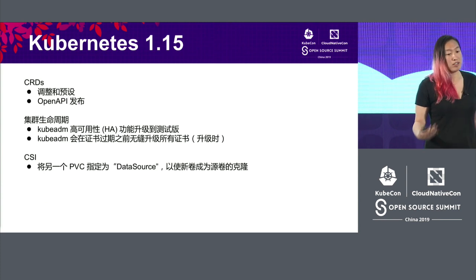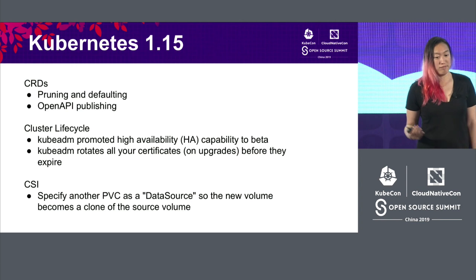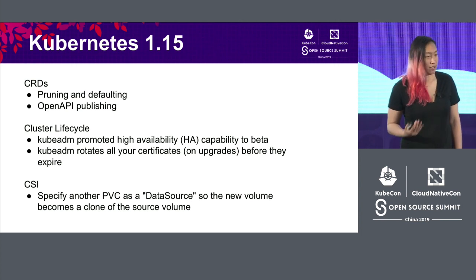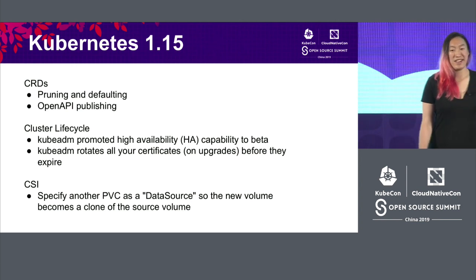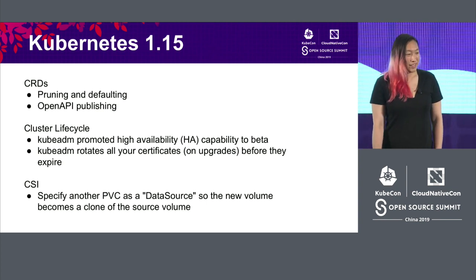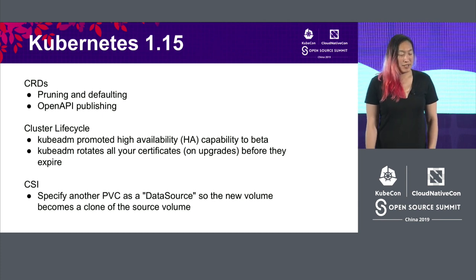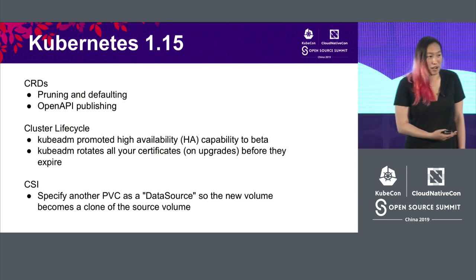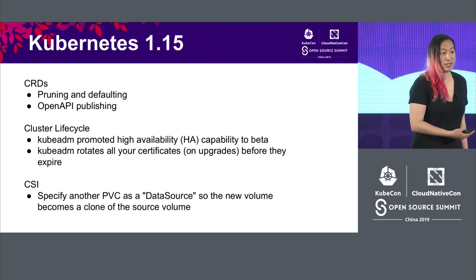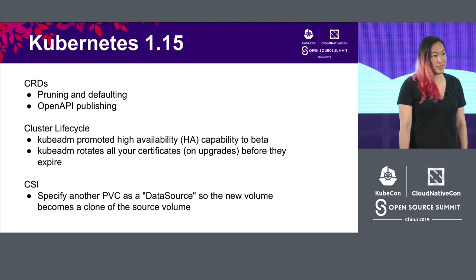You can also have kubeadm manage your certificate rotations, which is always a pain. So now you don't have to do that anymore. There's also a call out for CSI. I want to call out that you can now clone another volume by specifying a data source to clone from.